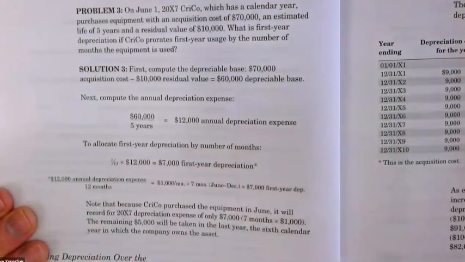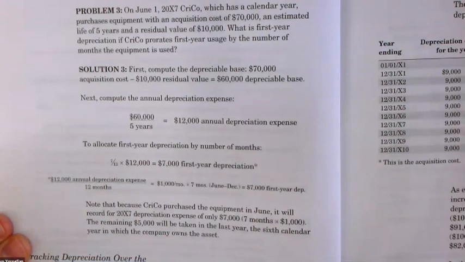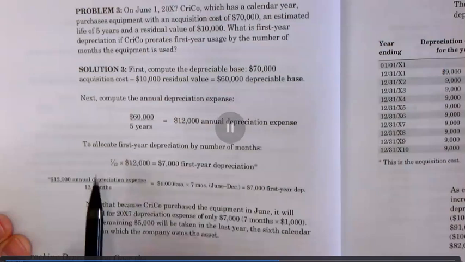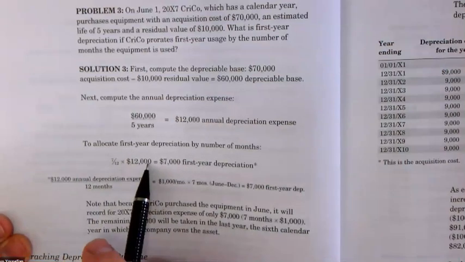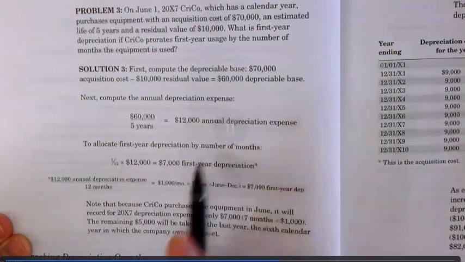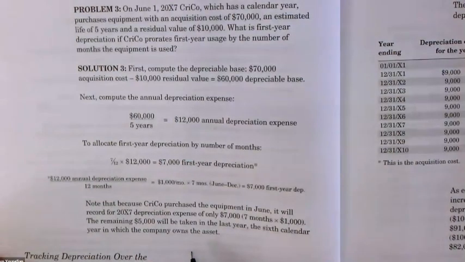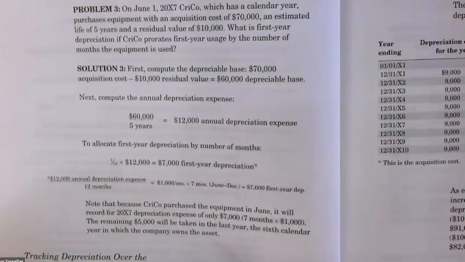So 7 out of 12 times 12,000 annual depreciation gives you 7,000 first year depreciation. Cool.